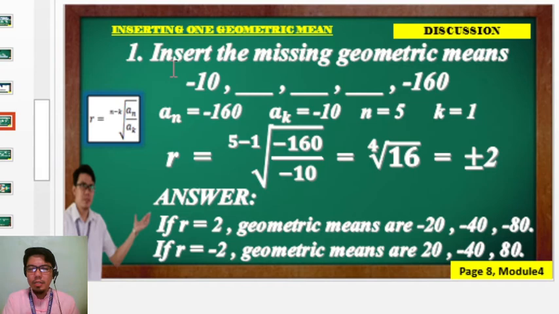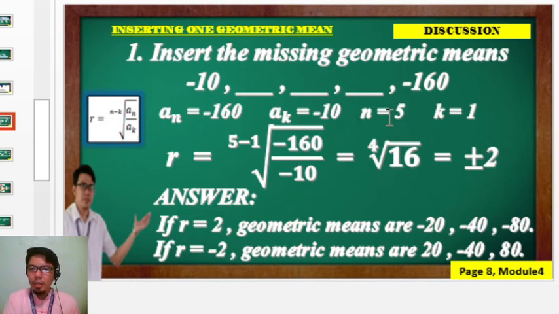Insert the missing geometric means: negative 10, blank, blank, blank, negative 160. So here, the geometric sequence has 5 terms. The first term, which is a sub k, is negative 10, while the last term, or the fifth term, is negative 160.